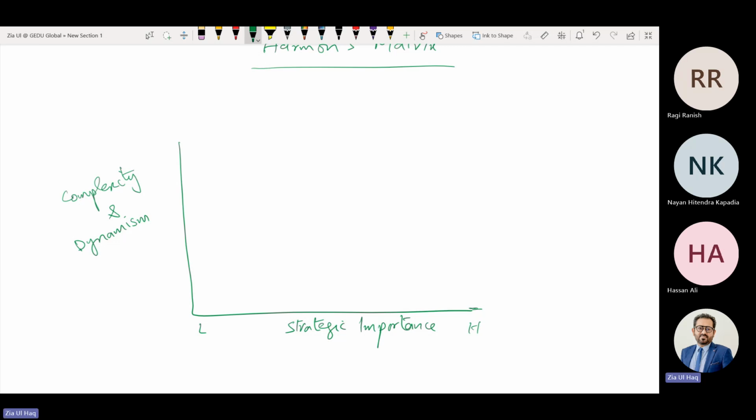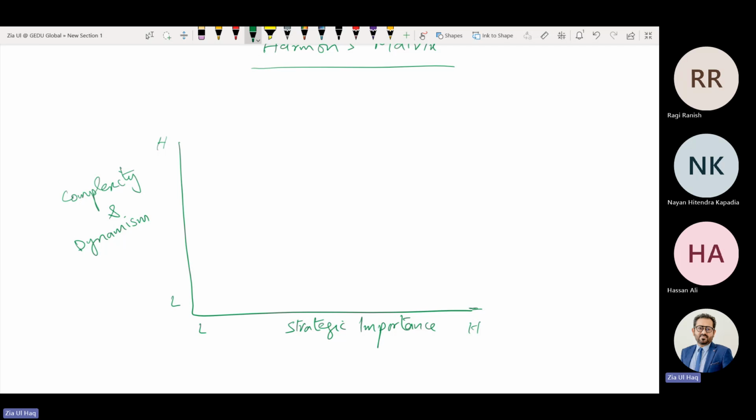And we need to focus on complexity and dynamism, which could also be low or high. Complexity and dynamism high means this process is too complex, too problematic. There are so many variations in the process on a routine basis. It is becoming out of our control.